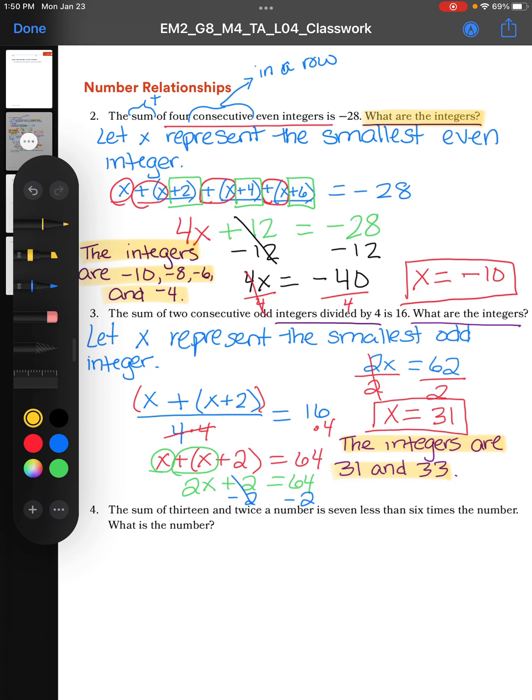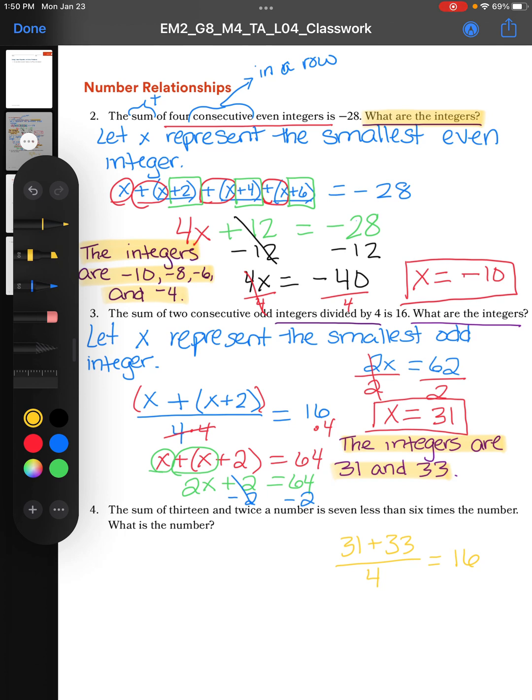Just down here quickly, I can plug these. I can see if these 2 consecutive odd integers divided by 4 really is 16. So I'm just going to check myself down here. 31 plus 33, the sum of 2 consecutive odd integers divided by 4, does that equal 16?